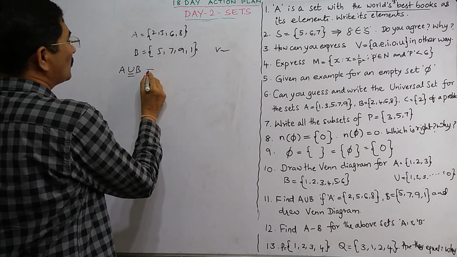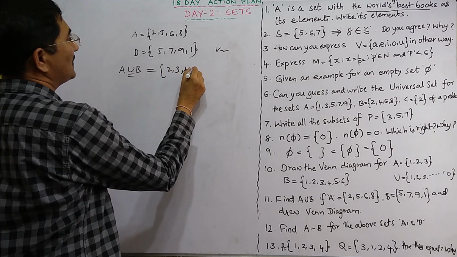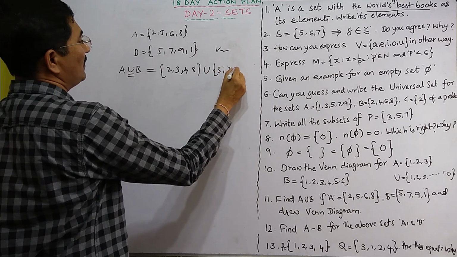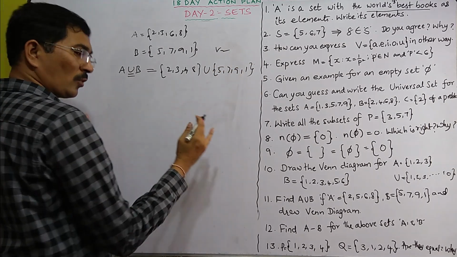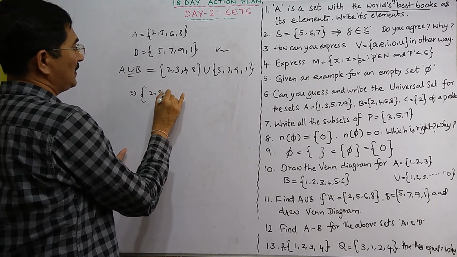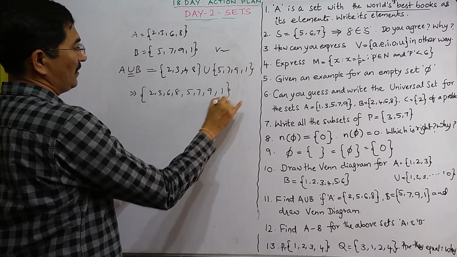So how do we write this? A union B is equal to the elements 2, 3, 6, 8 union 5, 7, 9 and 1. Now combining them together, you write them all together: 2, 3, 6, 8, 5, 7, 9, 1.